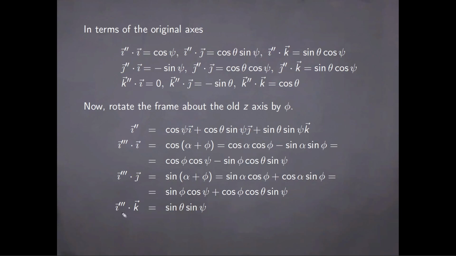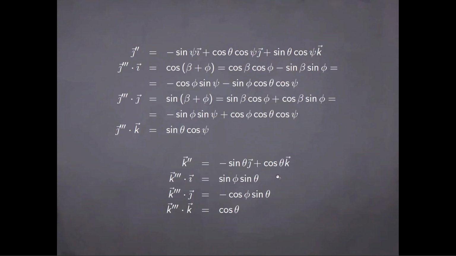And lastly, the direction cosine on the old z-axis is straightforwardly given by the quantity here. Since we rotate about it, the projection here does not change. And you can see that if you square these relations and add them up, the length of the versor, the triple primed i, is equal to 1.